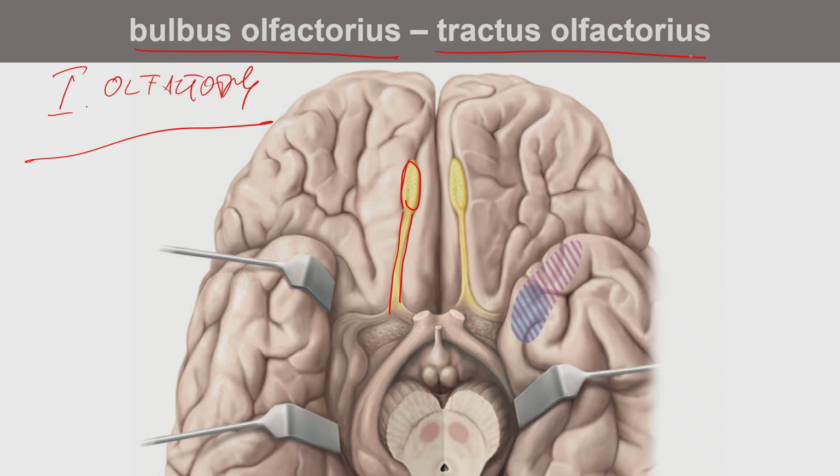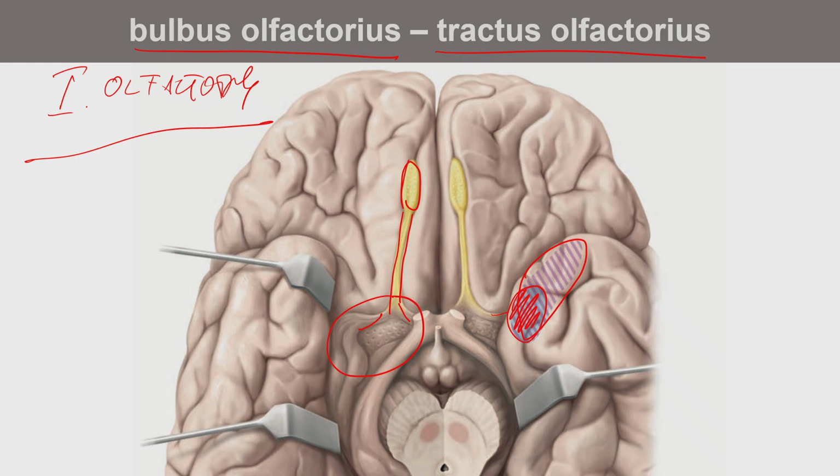Then the pathway of the information is divided into the primary parts of the so-called olfactory brain, also rhinencephalon, which is localized in the base of the temporal and frontal lobes. And then it's also associated with the parts localized here. The blue one is an important structure which we will meet during basal ganglia.